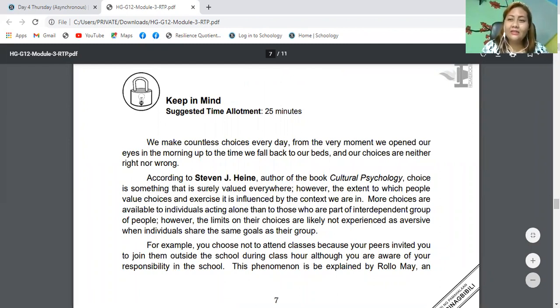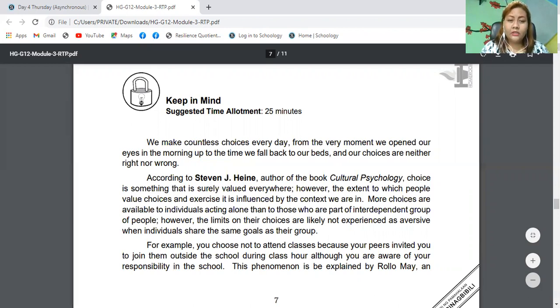And then this part is where you will, of course, read about the lesson proper itself. Okay. So every day we make choices, and these choices, especially when we're about to sleep, right? We are thinking whether we're doing the right thing or the wrong thing.